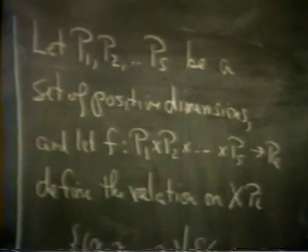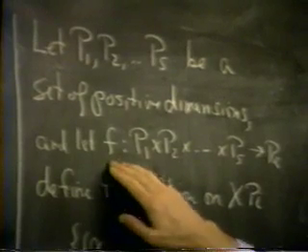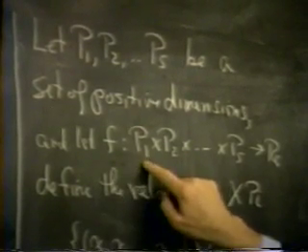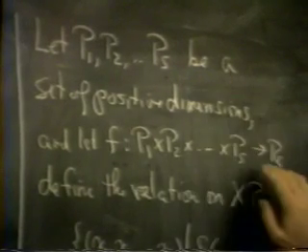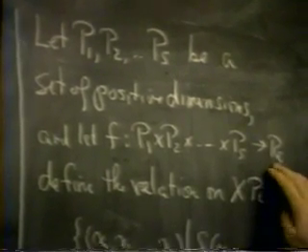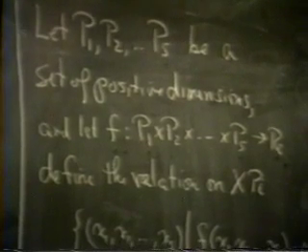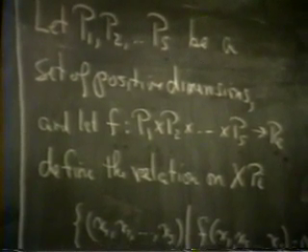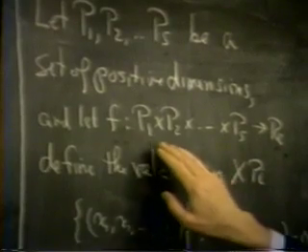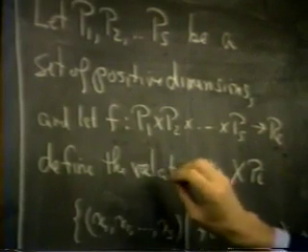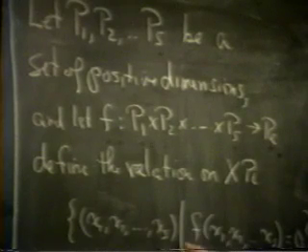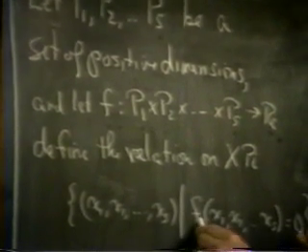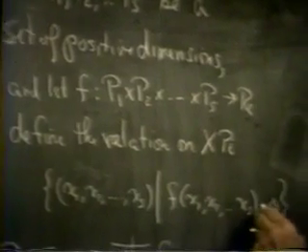There's the assertion that there is a function that maps from the Cartesian product of the dimensions, the relevant dimensions, into the real numbers, such that what one can observe physically are those combinations of quantities from the several dimensions that satisfy the constraint that the function of those values is equal to 0.